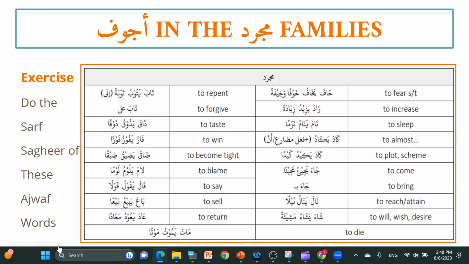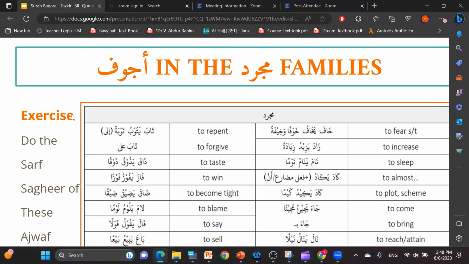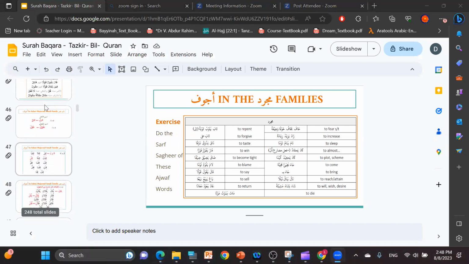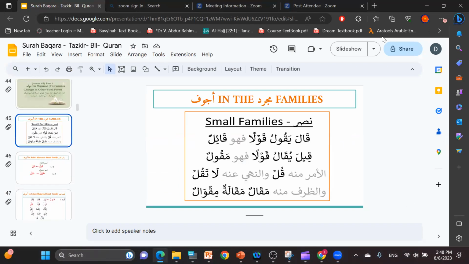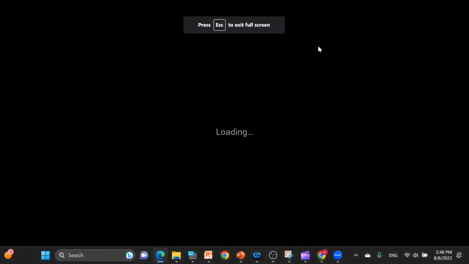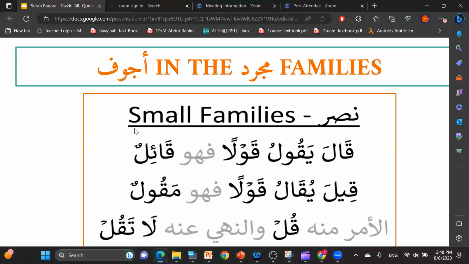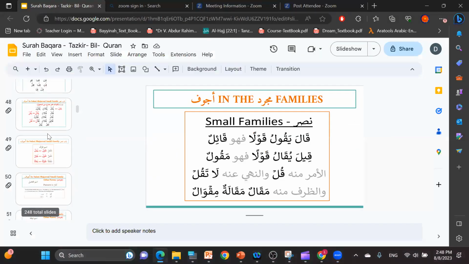So far, alhamdulillah, we did the other forms of sarf saghir in the Mujarrad family. With today's lesson, Ajwaf irregularity in the Mujarrad families is completed, and inshallah in the next lesson we are moving on to the Mazid Fihi families.